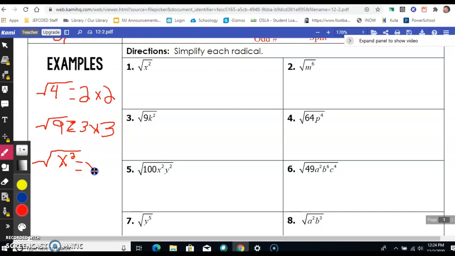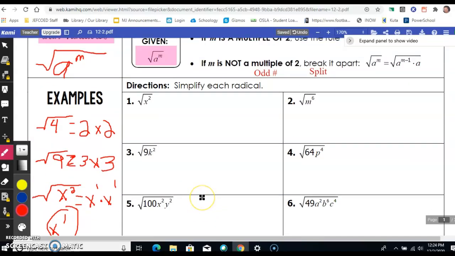So simply, it would be x to the first times x to the first. Okay, those would be the two values. So if we were going to take the square root of this, it would simply be x to the first. That would be the square root.